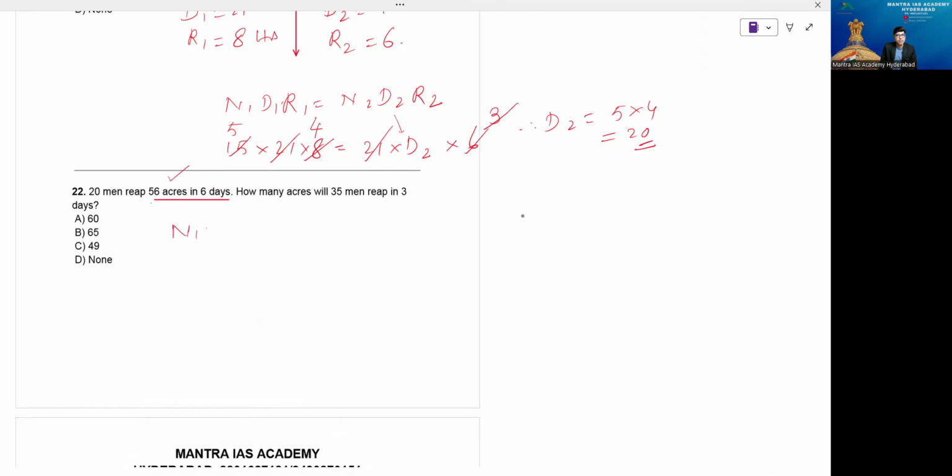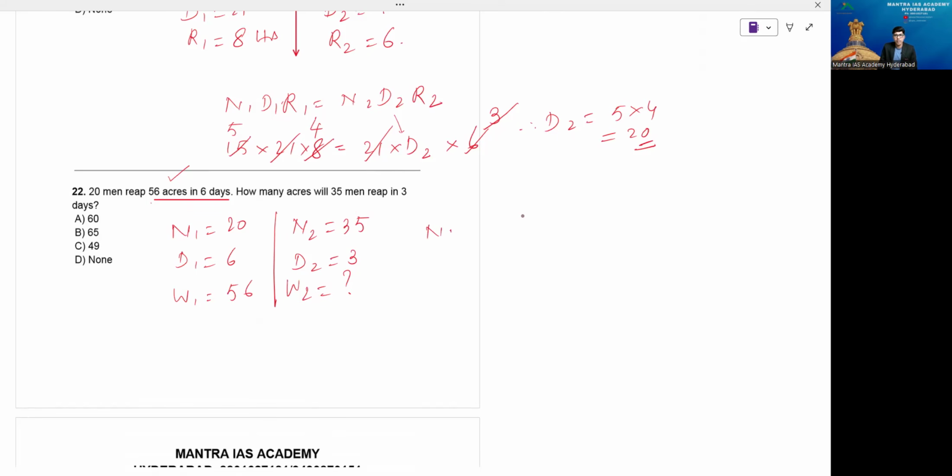So N1 is 20. D1 is equal to 6. W1 is equal to, of course, 56. On the right side, how many acres? He's asking for W2, the value of W2 we have to find out, by 35 men. And D2 is equal to 3 days. So we have an extra variable, that is W1, W2.